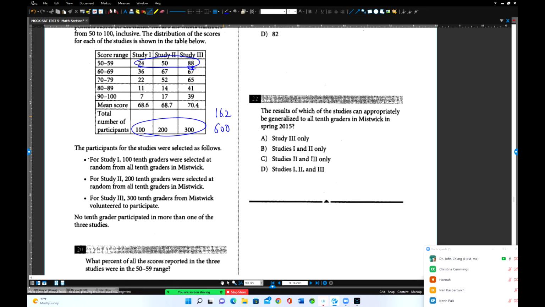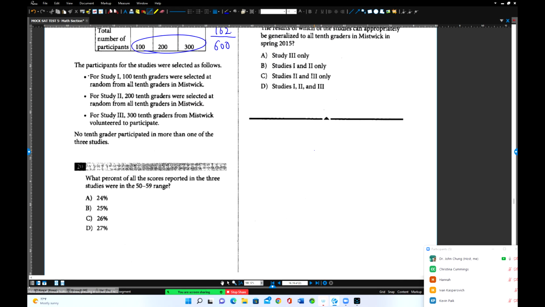It's correct, let me check. 24 plus 50 plus 88 is 162. That's right. This is how much percent? 162 divided by 600 equals 0.27, right? 27%.